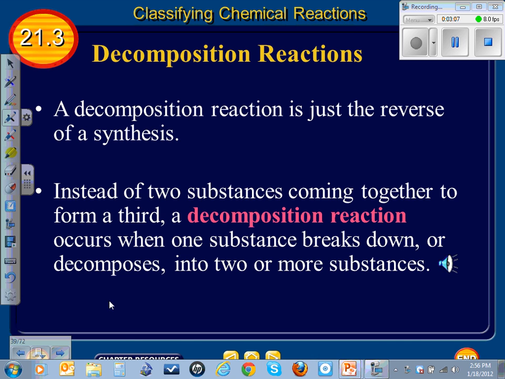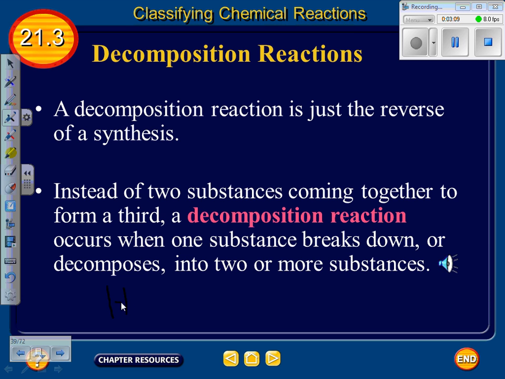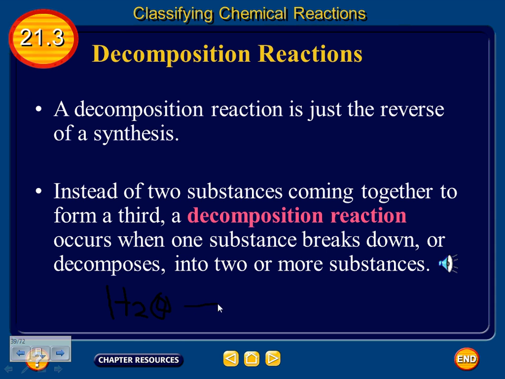So as an example, we could say H2O. Okay. I don't know why that disappears. H2O decomposes into hydrogen plus oxygen. And of course, this is a simplified version of that equation.